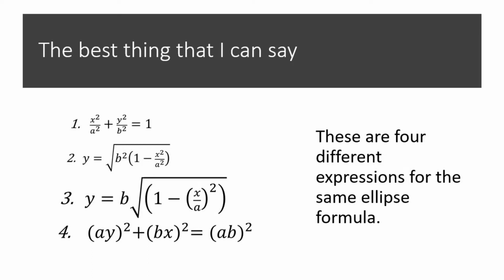I can also improve my statement by including what is different about each of these equations. My improved statement would be, these are four different expressions for the same ellipse formula.